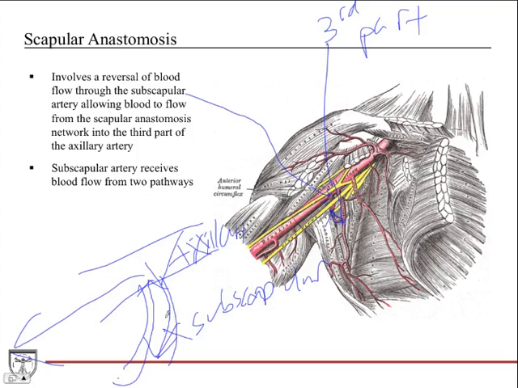That's the key concept to understand here: blood flow is not leaving the axillary through the subscapular to go on to the thoracodorsal and circumflex scapular. It's actually coming from either the circumflex scapular or the thoracodorsal via two pathways in the scapular anastomosis, and coming back up through it to enter the third part of the axillary artery and return blood flow to the upper extremity.